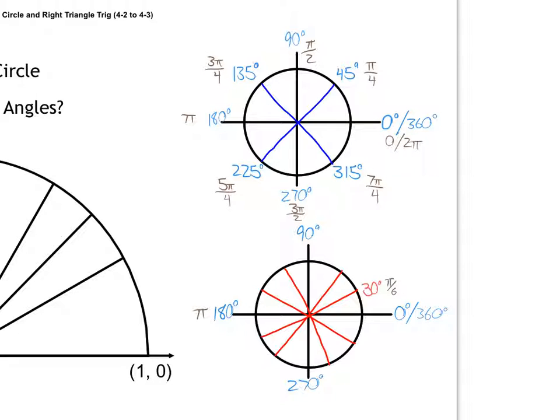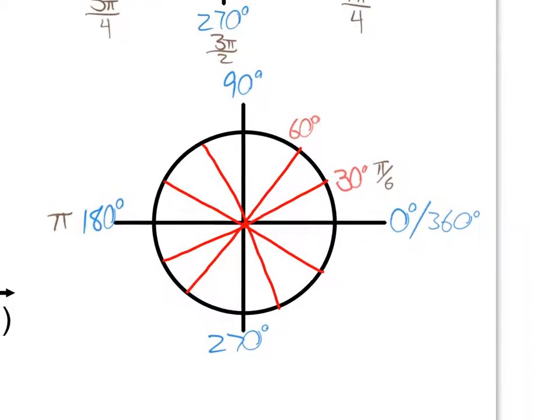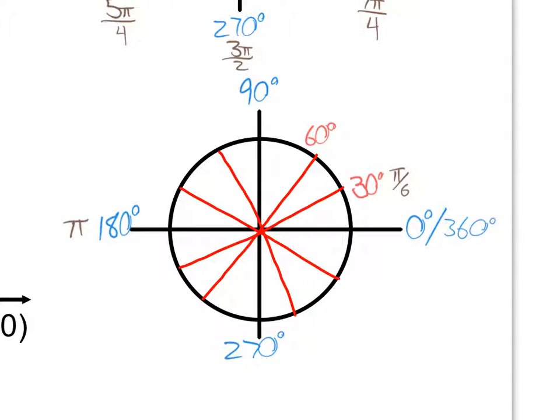Okay? Now, let's just stick with degrees for right now. So that's 30 degrees. Then I go another 30 degrees, and I have 60 degrees. And then I'm up at 90. Okay? So 30, 60, 90. What's the next one? 120. 150.